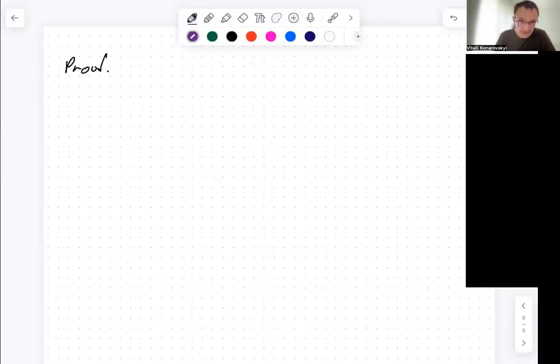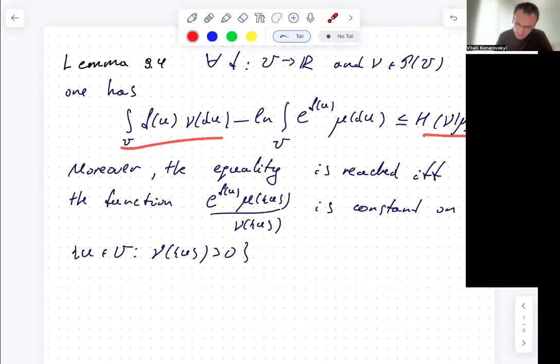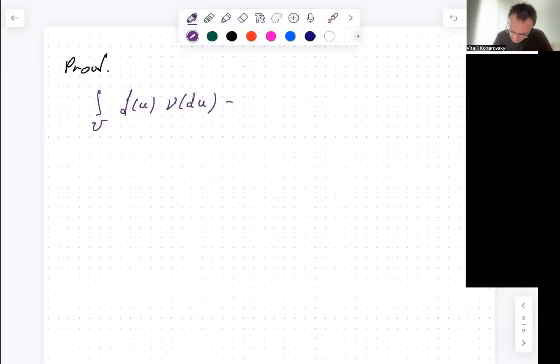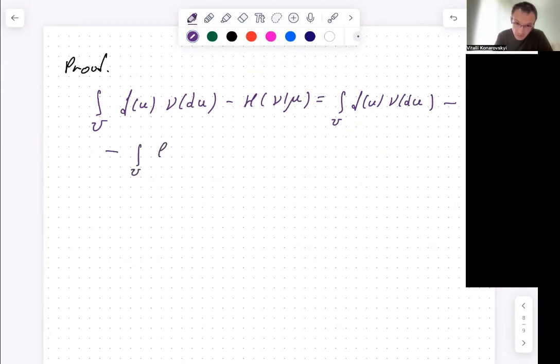So we start with the integral over U of f of u nu du, and then we write minus the relative entropy of nu given mu, and it is equal to the integral of f of u nu du minus the integral of logarithm of nu of u divided by mu of u, nu du.